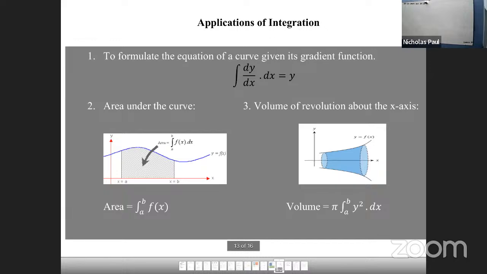Are we done with the diagram? Just a little sketch, a quick little sketch. Done.